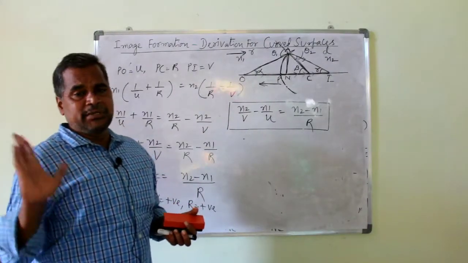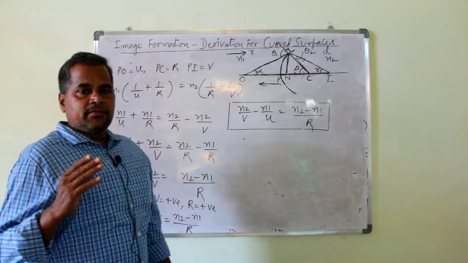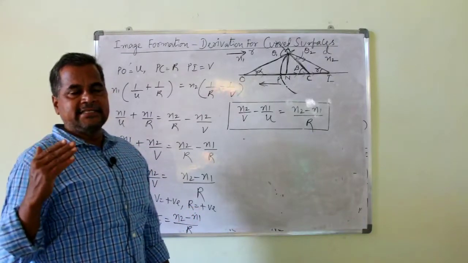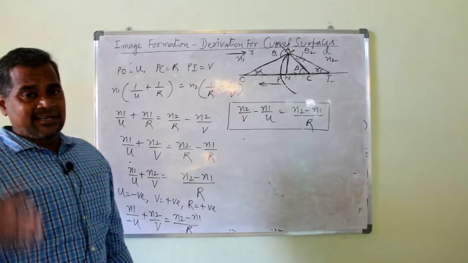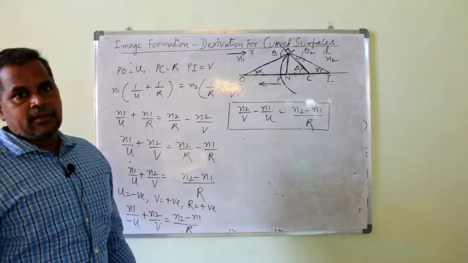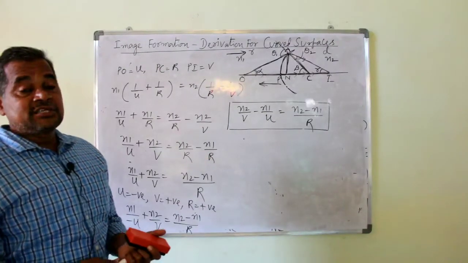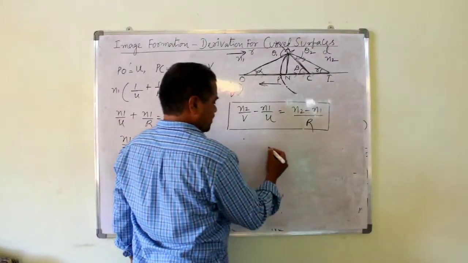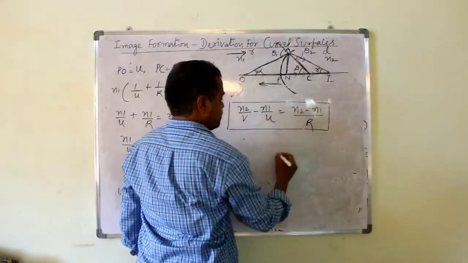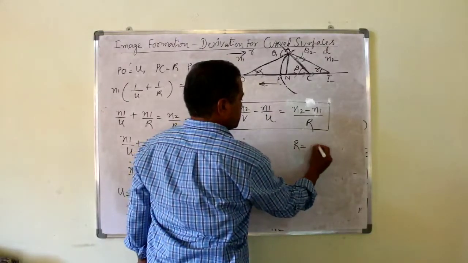of two transparent media. When a light ray travels from one transparent medium to another and the interface is plane, which formula do we have to use? For a plane interface, R becomes infinity.